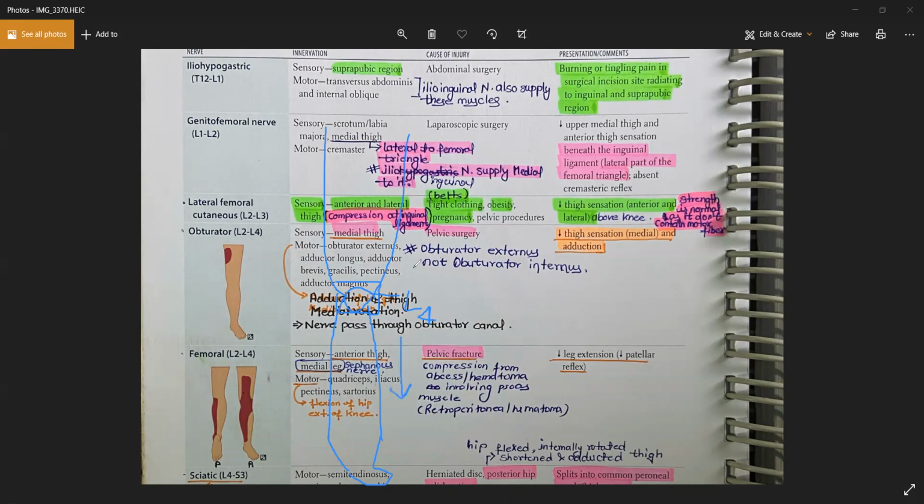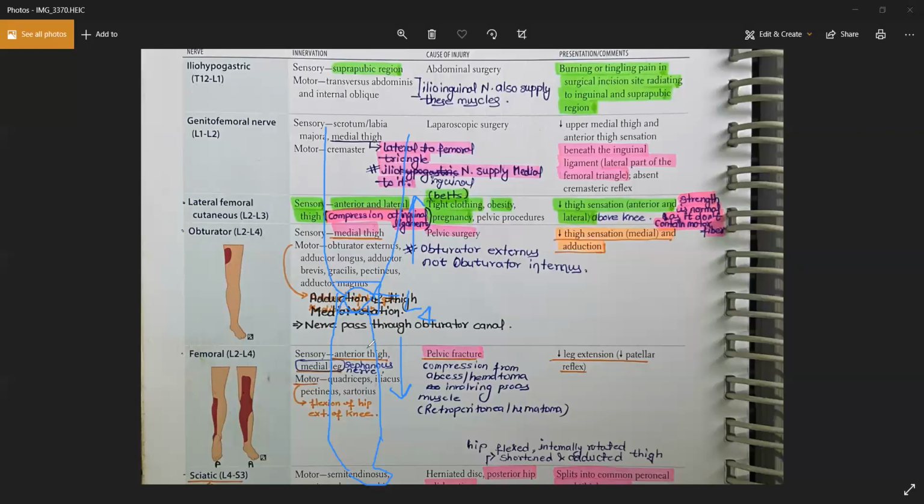So above L4 it will be your thigh, and below L4 it will be your leg. Every nerve which has a nerve root above L4 will supply only the thigh, and the nerves with roots after L4 will supply your leg.